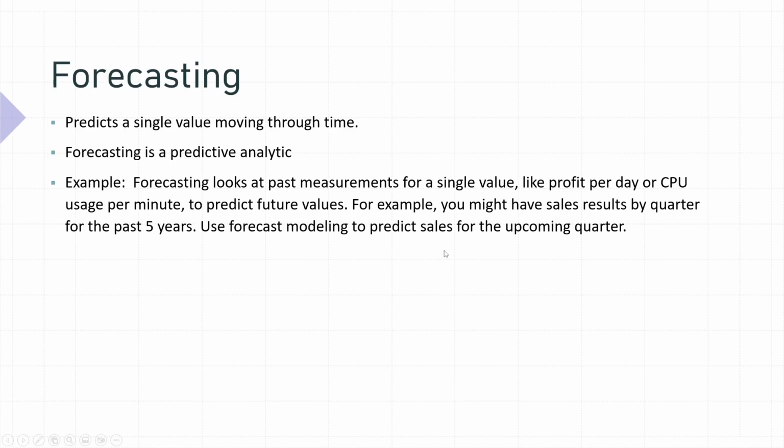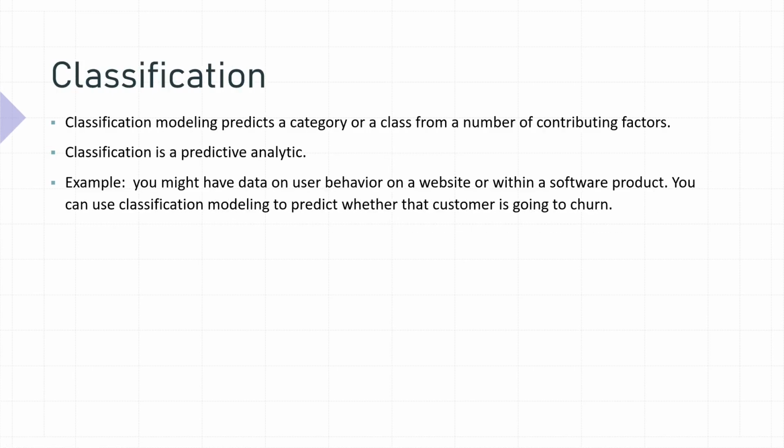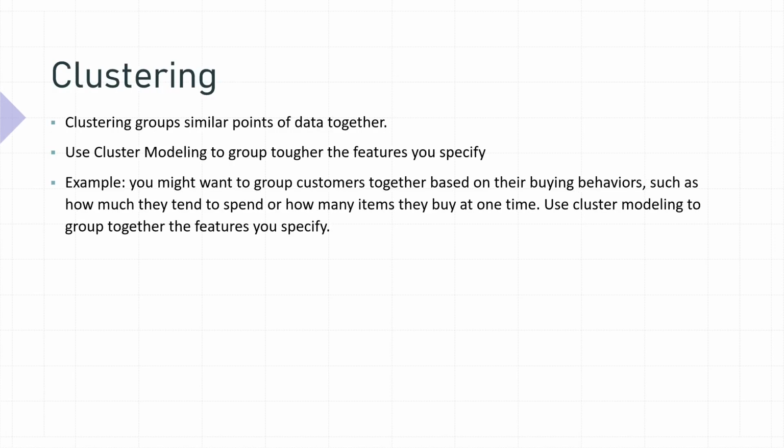That's forecasting. Clustering. This is very similar to the classification model, but in this case, all you're really trying to do is cluster, grouping similar data points together. You might want to group customers together based off their buying behaviors, how much they spend, or how many items.